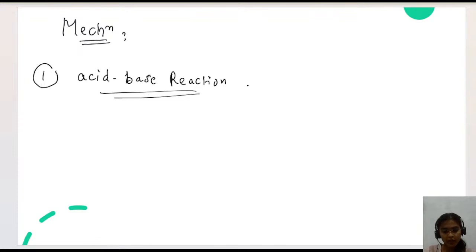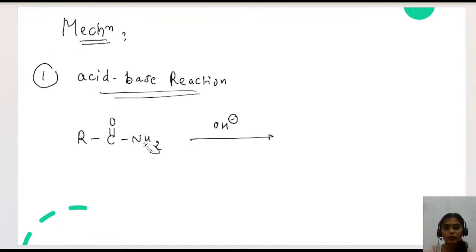So let's see how to proceed. First of all, the substrate is the amide. This is my amide, and we are using a base, right? What was the base there? NaOH. So OH is the base. What is the main job of the base? To abstract the hydrogen, right? In this case, this hydrogen is acidic in nature, so this base is going to abstract this hydrogen.